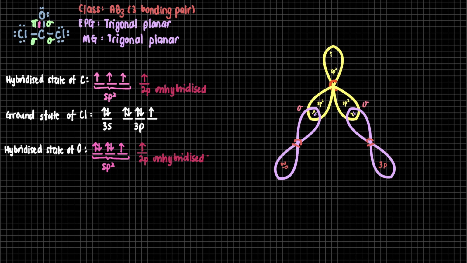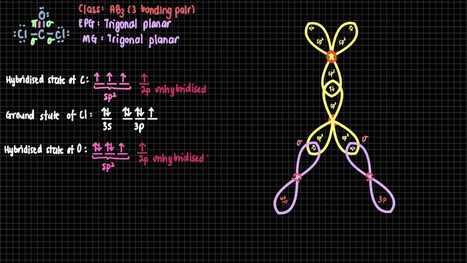Okay, but then we have our oxygen. Oxygen is also AB1E2. So 3. So total it's 3. Okay, so if 3 is the same as trigonal planar, the shape will be trigonal planar like this. So oxygen is sp2, again 1 unpaired is actually used for our sigma bond.